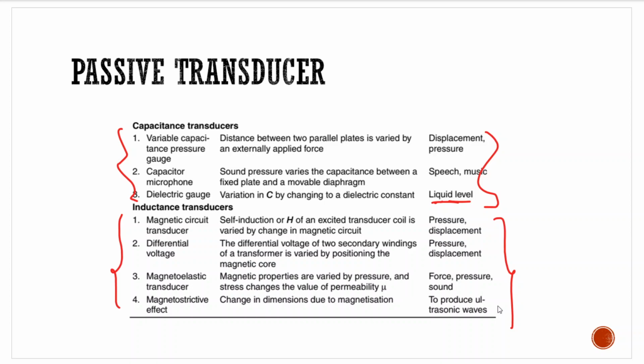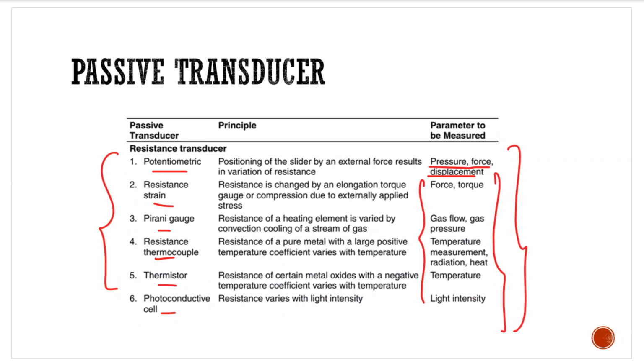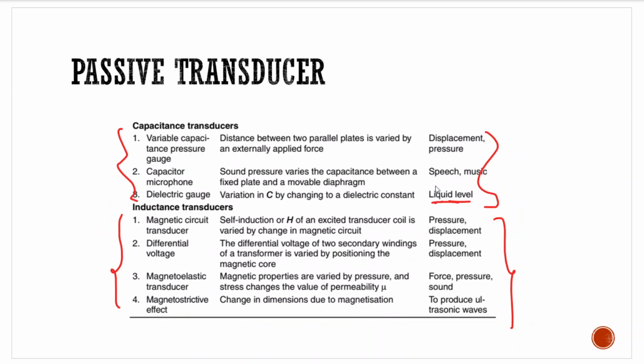Fine. So these were different types of passive transducers: resistance-based transducers, capacitance-based transducers, and inductance-based transducers. So यहाँ पे जो भी quantity हम measure कर रहे हैं, pressure, force, displacement, torque, gas flow, temperature, light intensity, or speech, music, liquid level, ultrasonic waves. So all of these are non-electrical quantities or mostly non-electrical in nature.